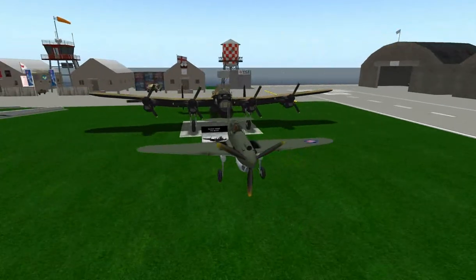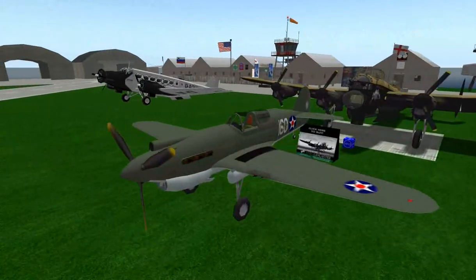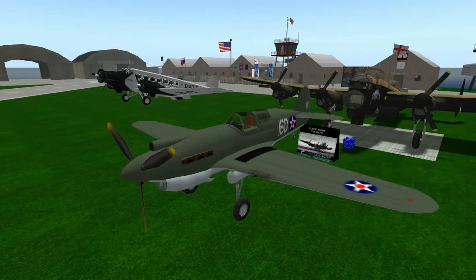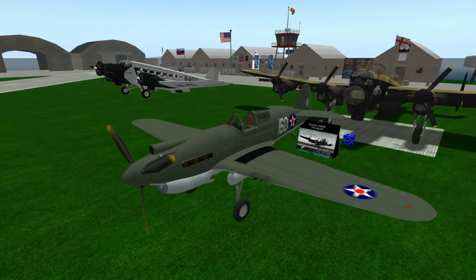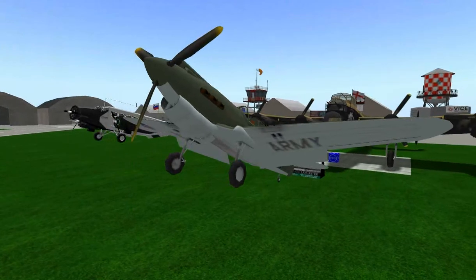Now what do flaps do? Flaps do two things, and they're the surfaces that you see on the bottom of this fuselage. And I'll raise the nose slightly so you can see them. You can see the flaps are underneath. The flaps do a couple of things.